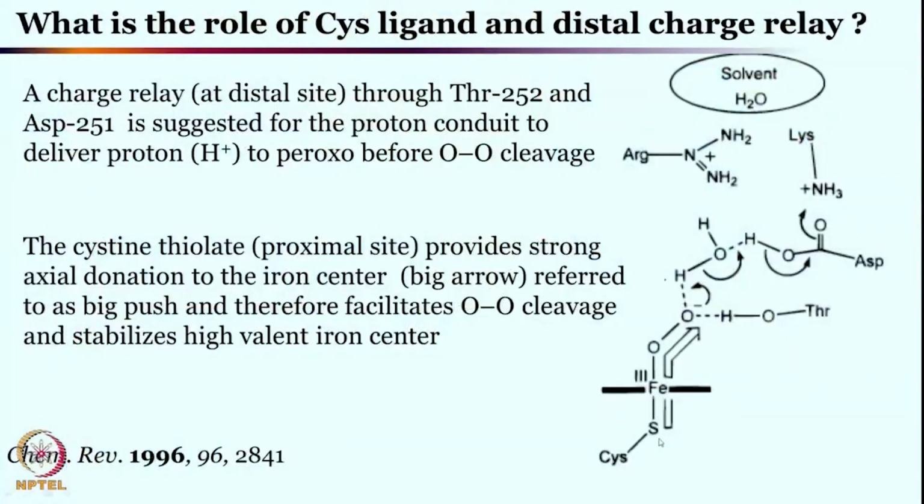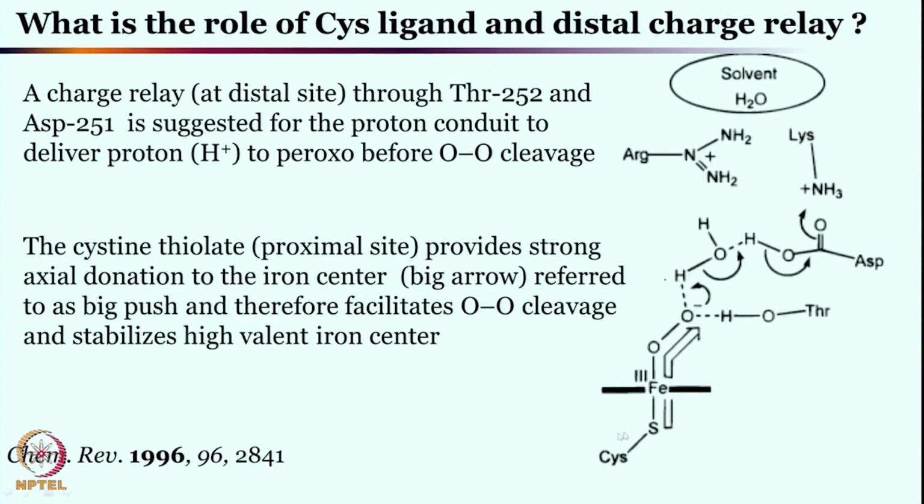can push electron through this sulfur-iron bond and through the iron-oxygen bond, and therefore the cleavage of the oxygen bond becomes much more facile. Had it been the histidine, then this push would have been missing, and therefore this oxygen cleavage would have been much more difficult.